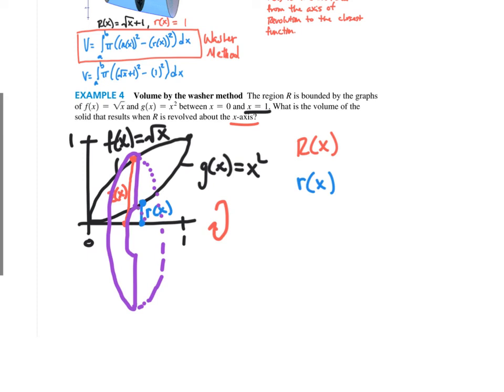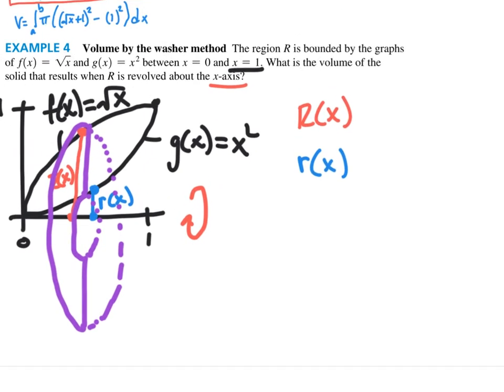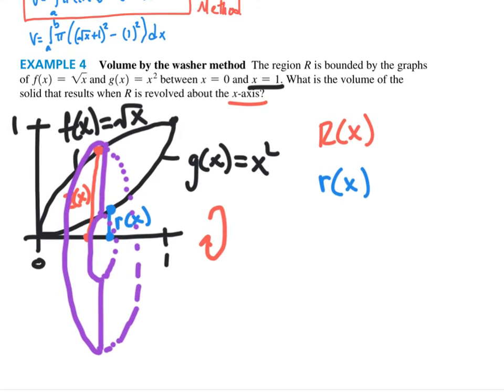I recommend drawing this just so you know kind of the idea. But again, the main thing is draw your big R of x, draw your little r of x. So big R of x is going to be equal to that distance from the top function to the axis of revolution. That's just going to be the square root of x, okay? And little r of x is going to be the distance from the axis of revolution to the closest function. And that's just the distance of x squared, okay?